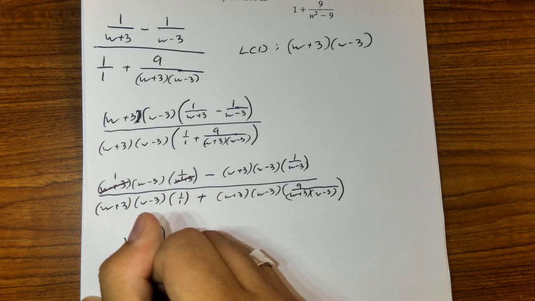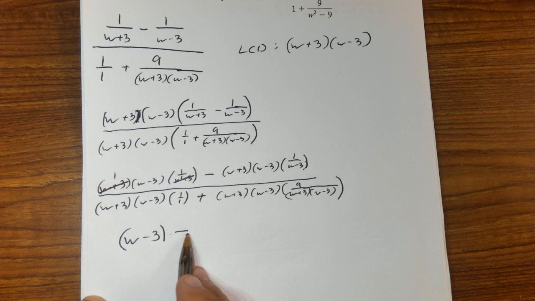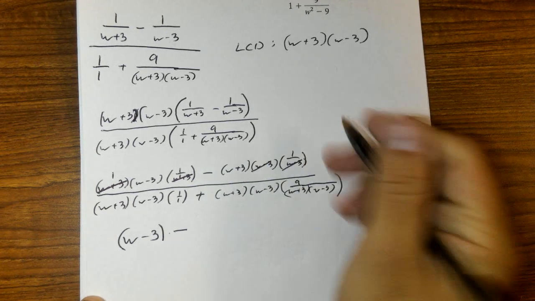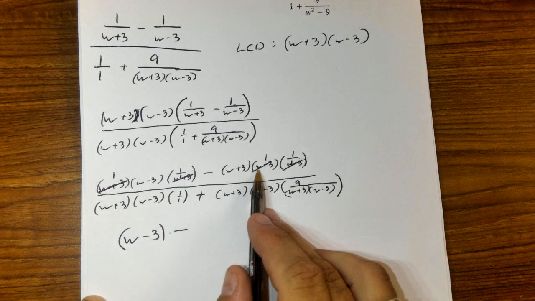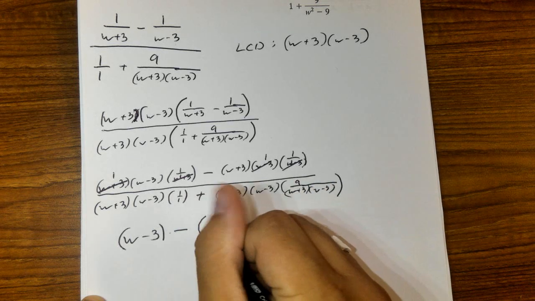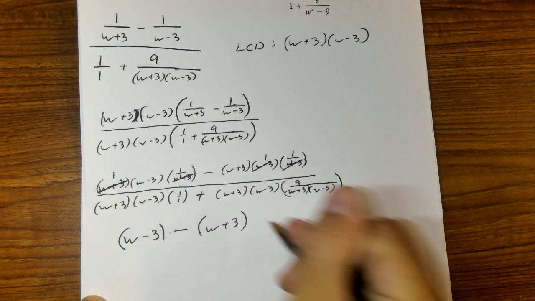I'm going to put that in parentheses because now I have a factor minus, and then over here, the w minus 3 divided by the w minus 3, that's going to be 1 over 1. So what I really have is w plus 3 times 1. So there's my w plus 3 over here.